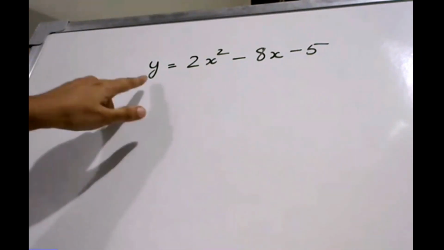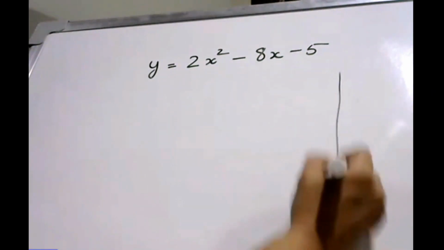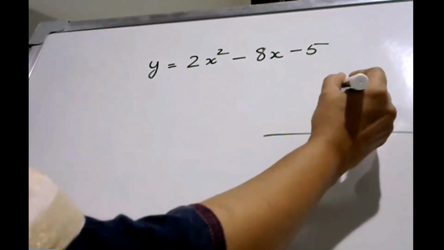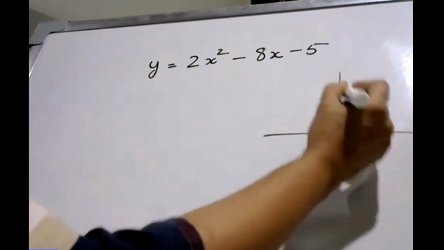Can you tell me what is the y-intercept directly from this equation? Krishna, can you tell me? -5. Yeah, -5. Y-intercept means, when you draw the graph, the point where it intercepts the y-axis.